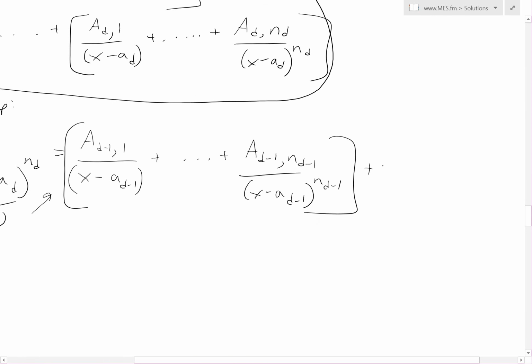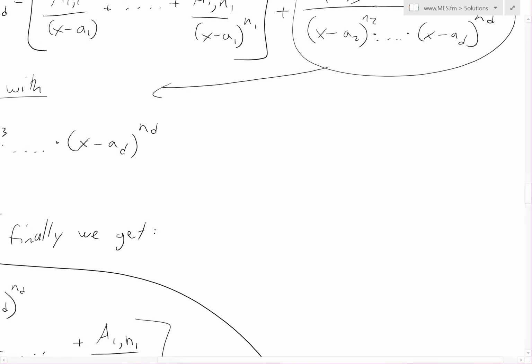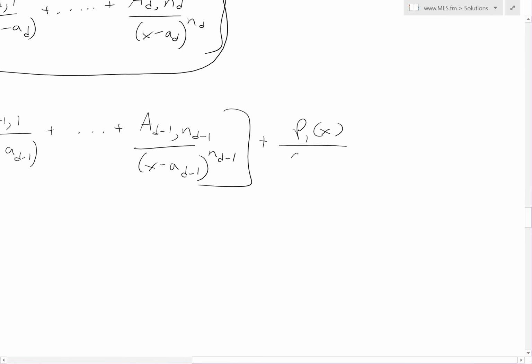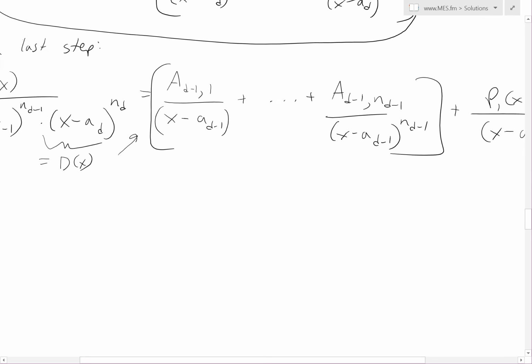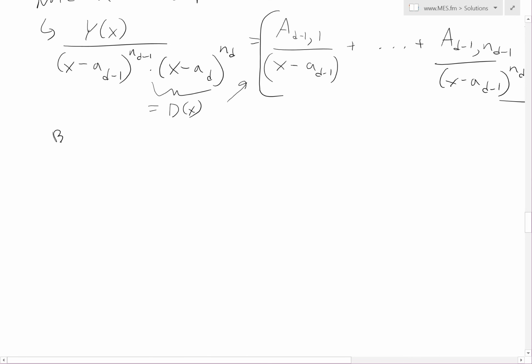We add this, plus now let's say p1 of x, so that's what we get, p1 of x, and underneath this is going to be x minus a d and n d right here.